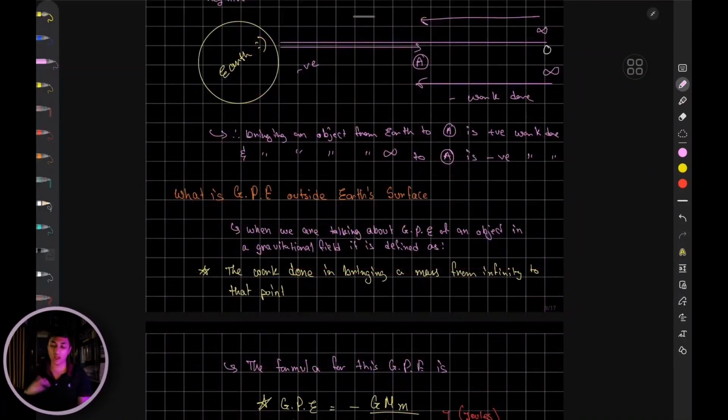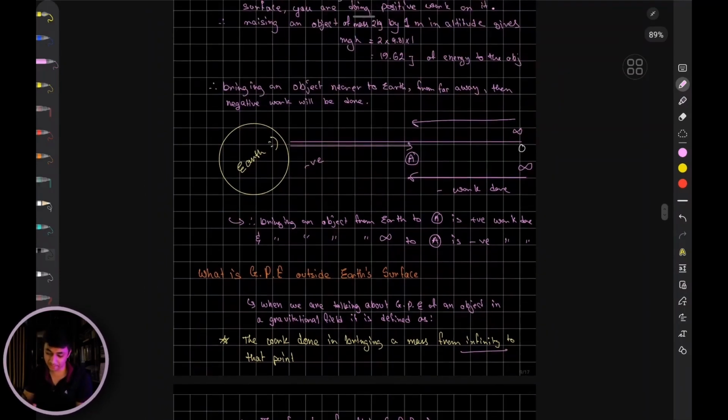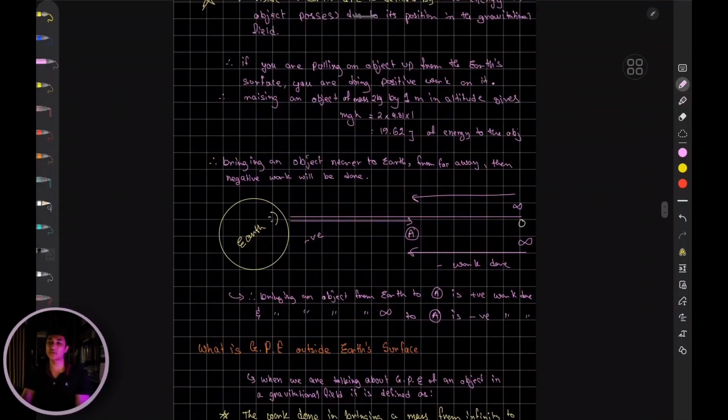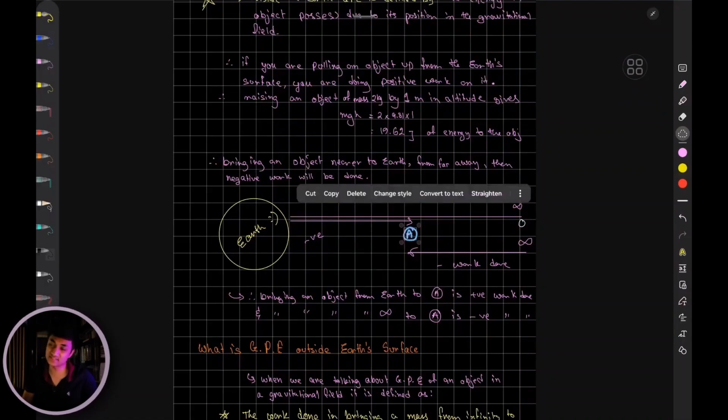Great. So now, how can we define gravitational potential energy? The exact definition is that it is the work done in bringing an object or a mass from infinity to a defined point. So let's say the amount of potential energy that object A is going to have is the amount of work that Earth did in bringing this object A from infinity to this defined point.